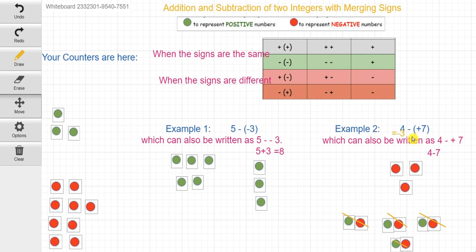Awesome. So therefore, positive 4 minus 7 is equal to negative 3. Or if you want to look at it this way, positive 4 minus positive 7 is equal to negative 3.